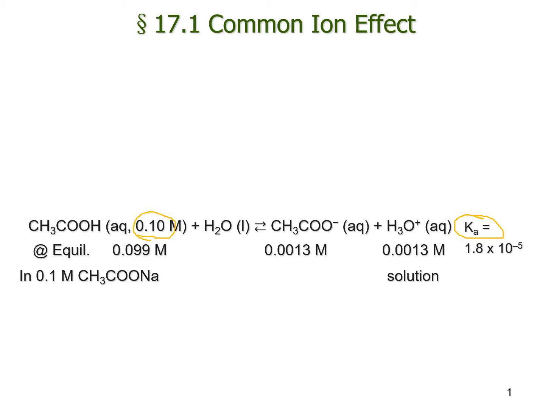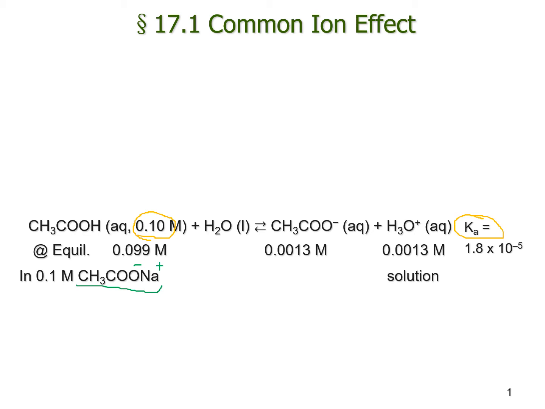You may wonder why sodium acetate, why can't it be some other salt solution? I just want to point out that in sodium acetate you have CH3COO minus, because sodium is plus charged.